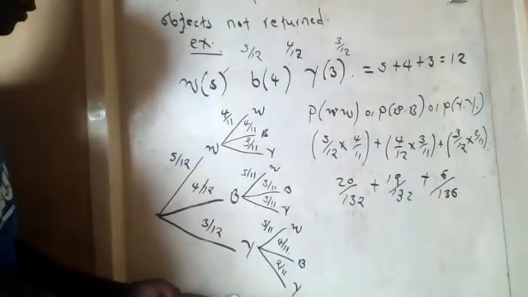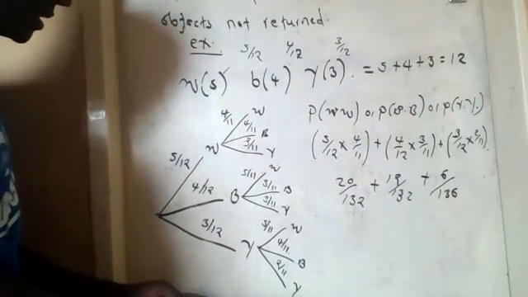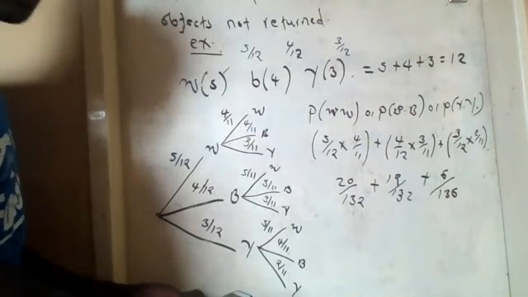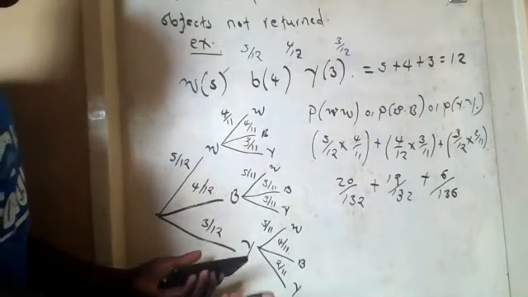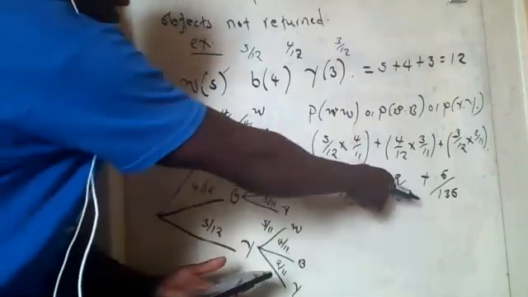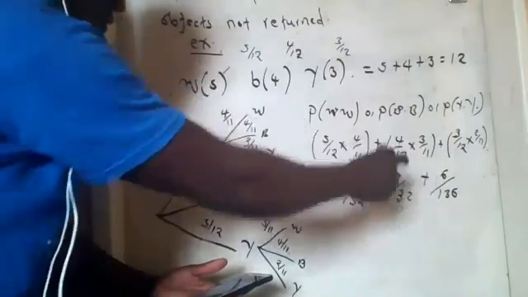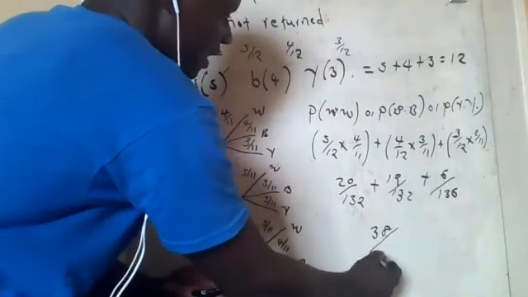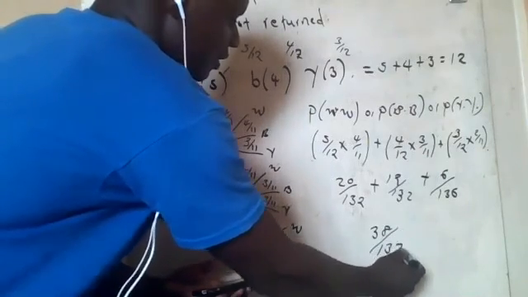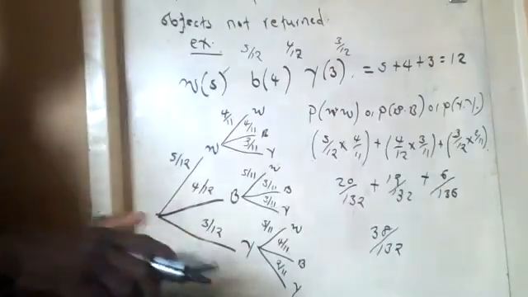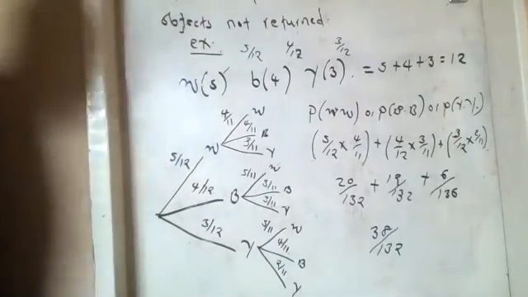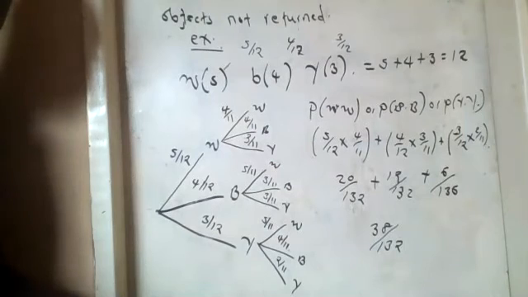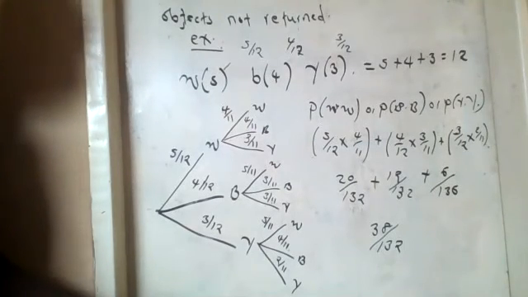Now, if you look at the denominators, the denominators are common. So we are just going to add the numerators. The numerators that we have are 20, 12 and 6, and that will give us 38/132, which you can reduce to the smallest number of your choice. So that is how you can deal with tree diagrams.